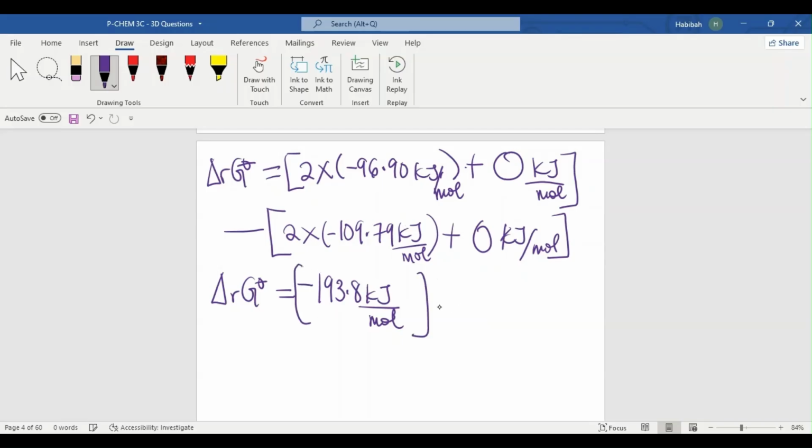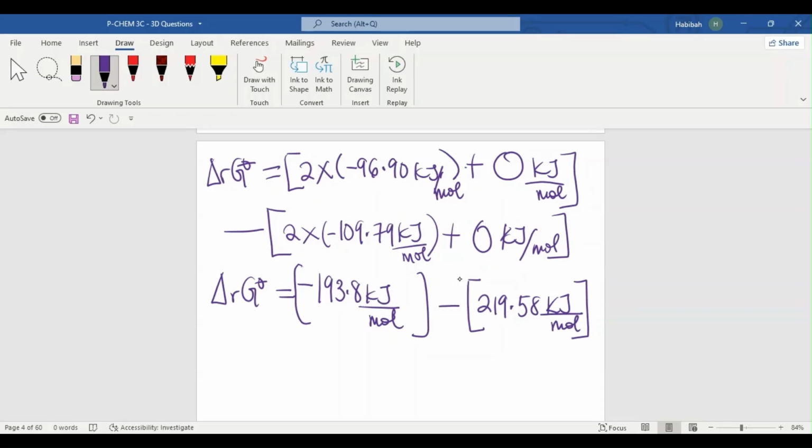So this is the product side minus 2 times negative 109.79 kilojoule per mole. We know that to be negative 219.58 kilojoule per mole. Of course, plus 0, we don't have to write that down.